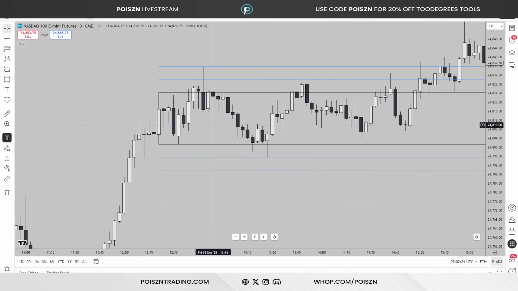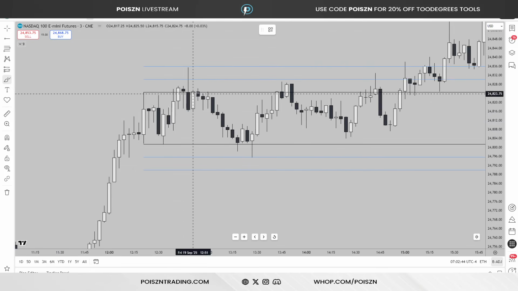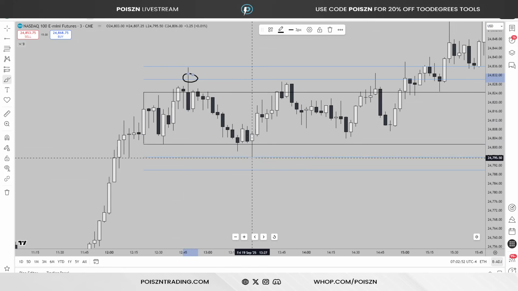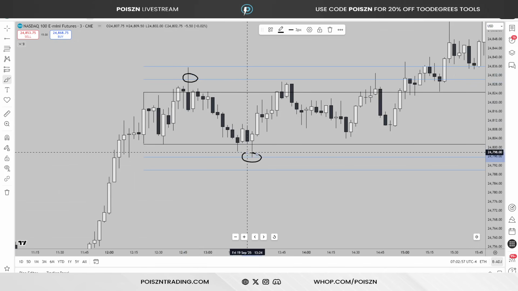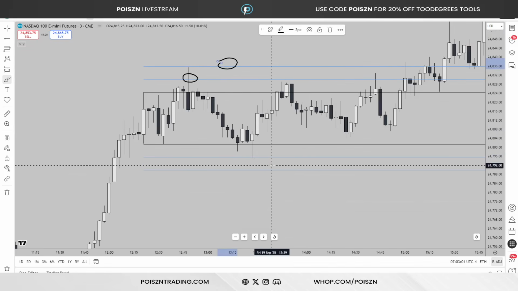The best plays that come off a range like this would generally be a mirror deviation play, which means if we expect price to hit 0.25 above the range, I would look for a deviation or trade back to 0.25 below the range. Okay, the same goes with 0.5 above to 0.5 below.